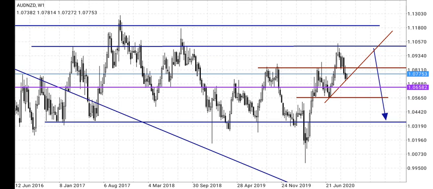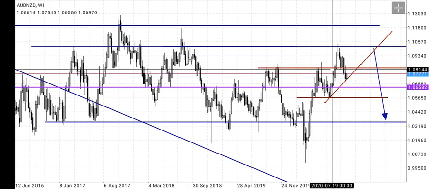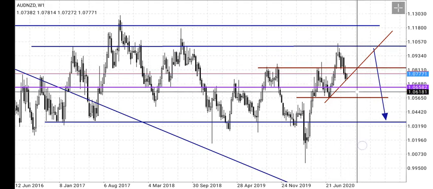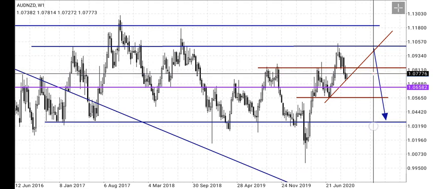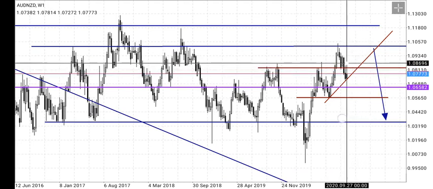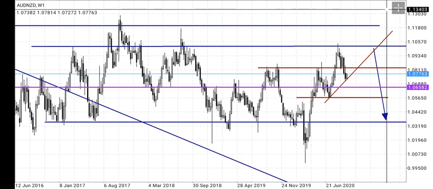So before this week runs out, let's see if this week's candle closes above this structure. If it can close above it, then we'll know that we are bullish on AUDNZD. So for this week, we won't be trading this pair unless we have a good confirmation for a longer ride. So don't forget, this is for long-term traders.